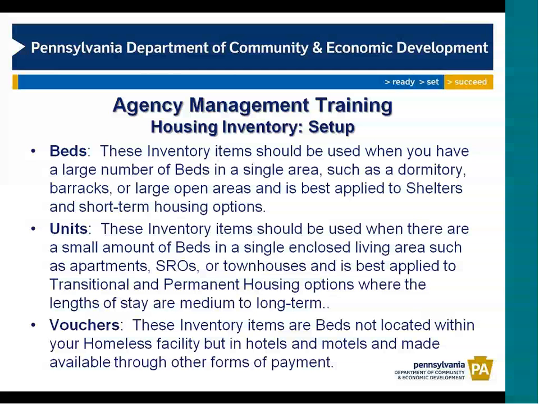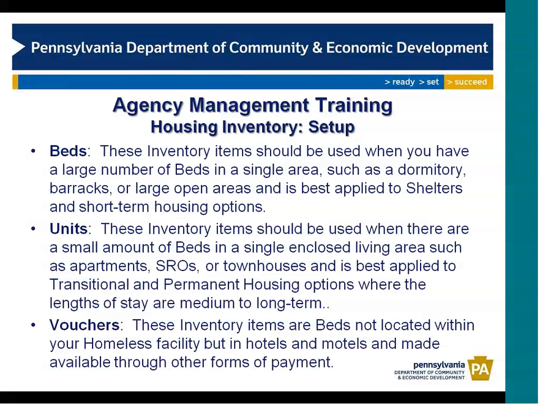Now, units: these inventory items should be used when there's a small amount of beds in a single enclosed living area. Units actually are more, and we'll probably say this a lot during the training, containers for beds. They can consist of things like apartments, SROs, townhouses.